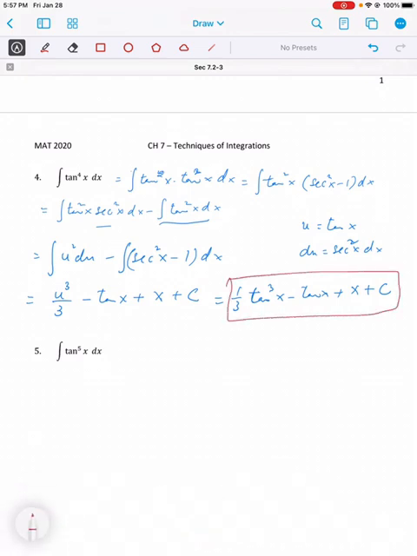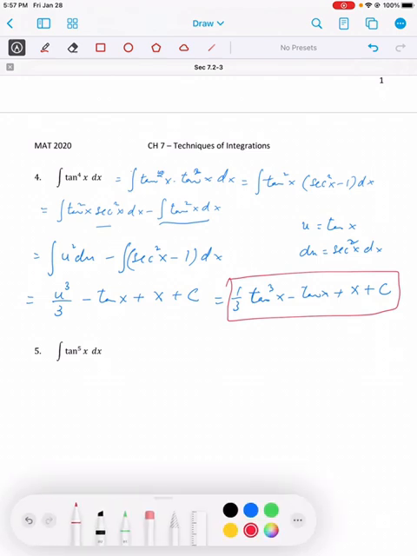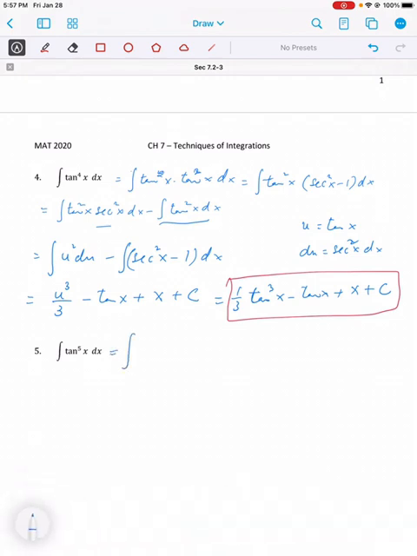Okay, so what if we have tangent to the 5x? We are again going to do the same thing. We will keep the tangent cube x here and then separate the tangent square x dx, so that we can change the tangent square x into secant square x minus 1 and then distribute.